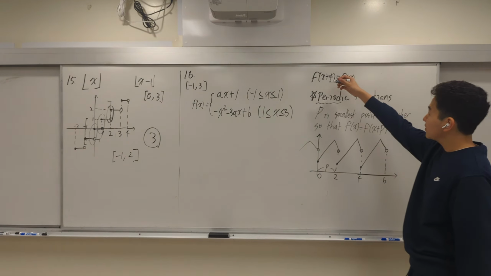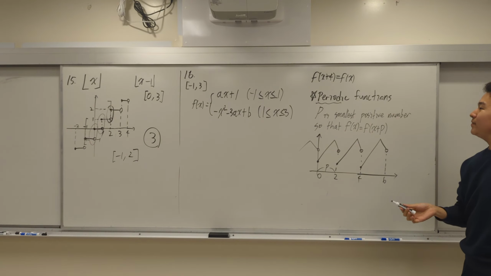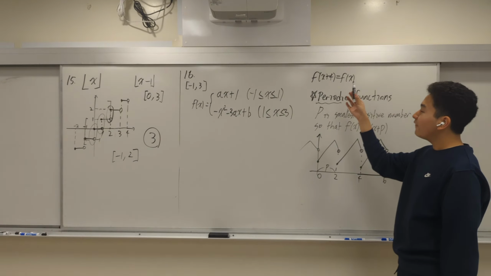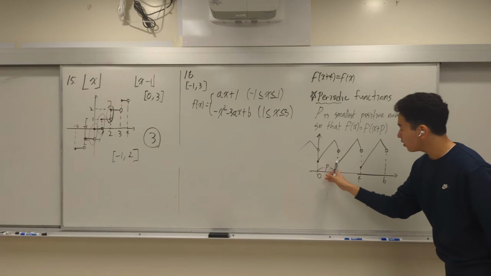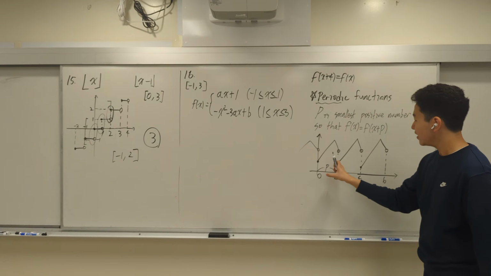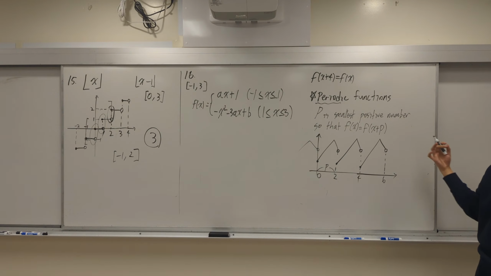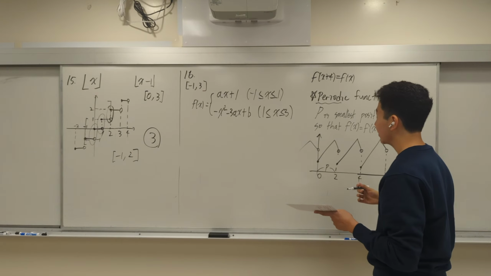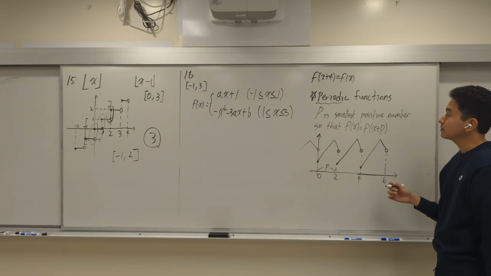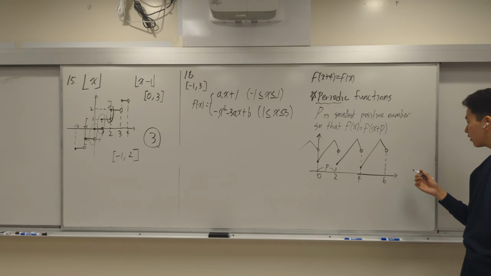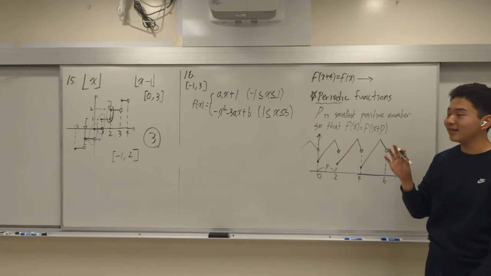So whenever you see conditions like this, f of x plus 4 equals f of x, you should immediately realize that f of x is a periodic function with period 4, meaning for every 4 length in the x direction, the pattern will be exactly the same and will continue on forever unless we have other restrictions. Something that some exams or teachers will do is slightly modify this condition to make it look less obvious.